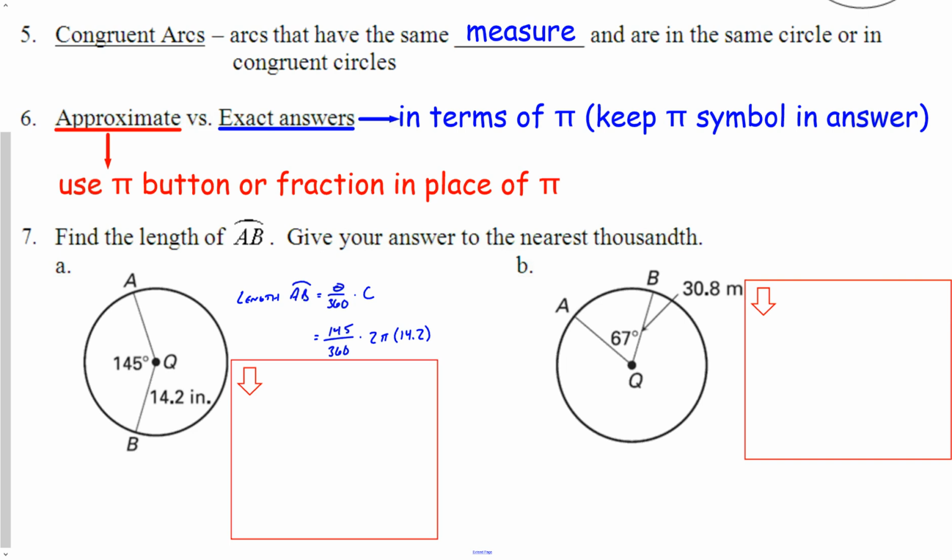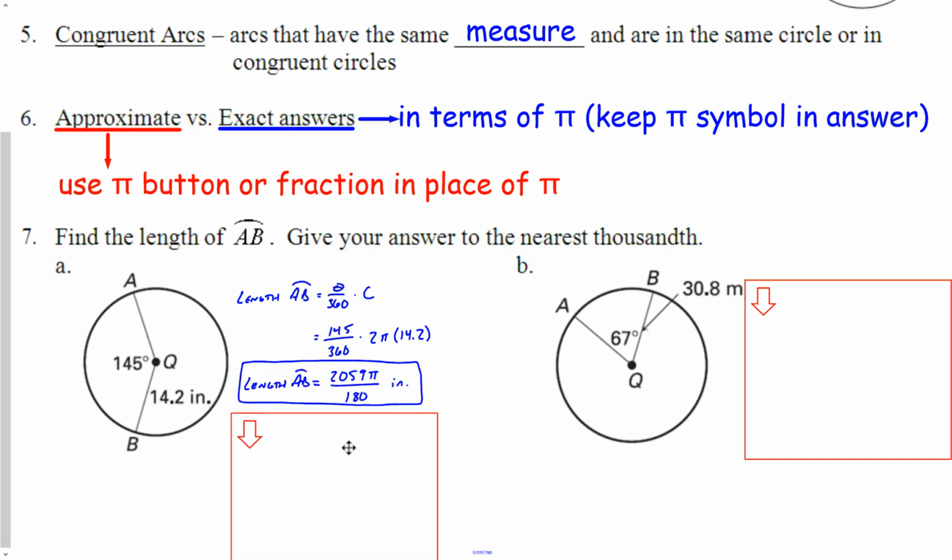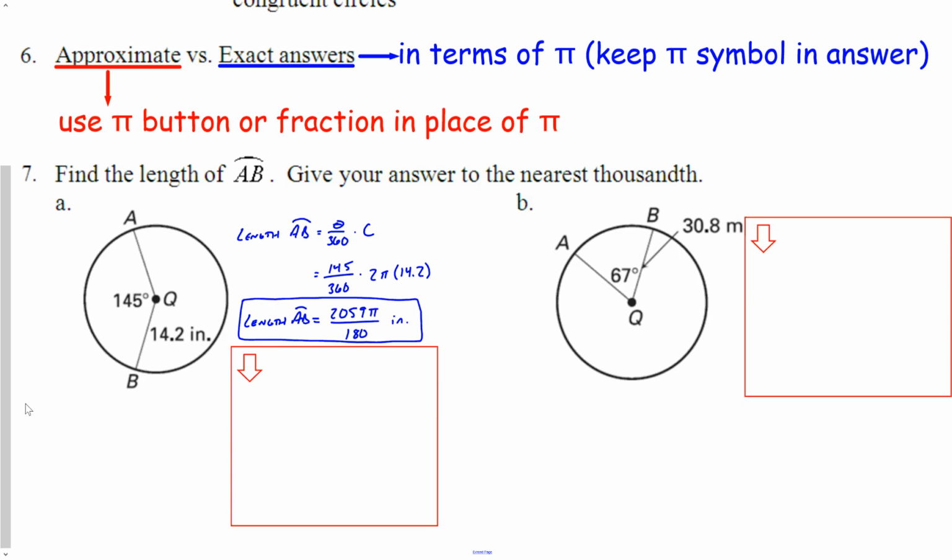Pi would also go in the numerator, but you'll notice this has been reduced. If you take your calculator right now and you do 145 times 2 times 14.2, you'll notice it says something other than 2059, because you would have to reduce if you were to leave this as an exact answer.